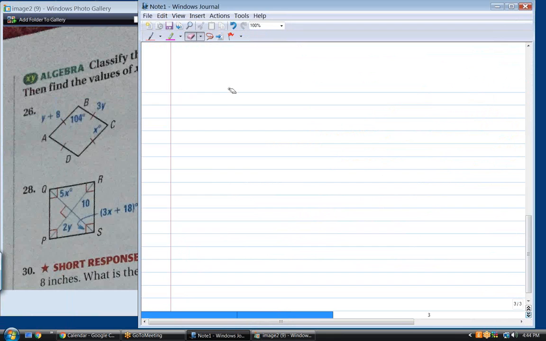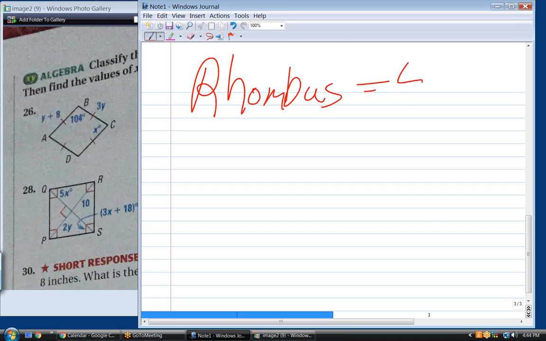Rhombus. Okay. That's the definition of a rhombus. 4 equal sides. It doesn't have 90-degree angles necessarily, but it has 4 equal sides, and they're parallel. And that's a parallelogram also.